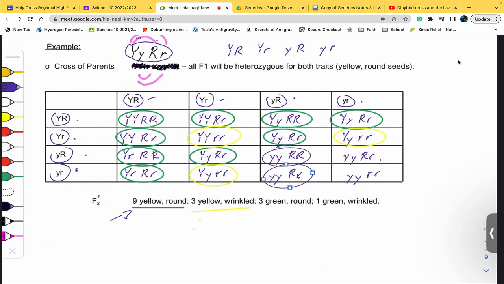That would be green round, and then here, green round. So how many of them? 3 is expected. And then last but not least would be this one here. All lowercase, little y, which means green, and little r, which means wrinkled. So only one of those is expected.